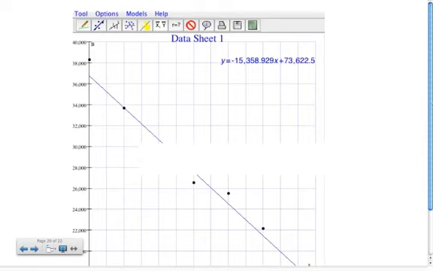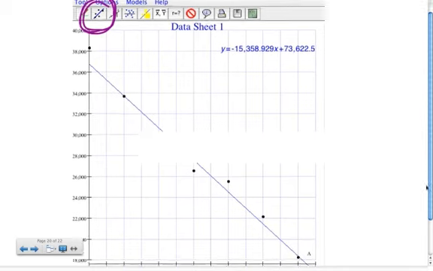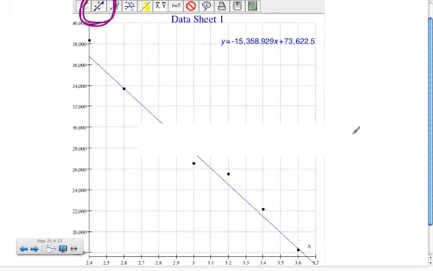Once you get done with that, what I'd like you to do is click on this button here that shows a line drawn through those points. Once you click on it, you will get a screen that looks similar to this one. Or it should look just like this one if you're using this particular set of data.